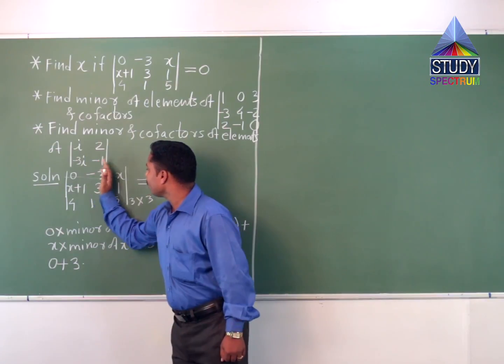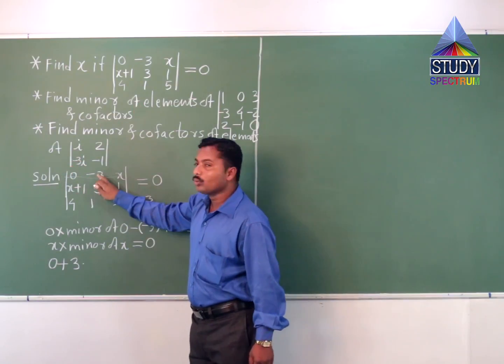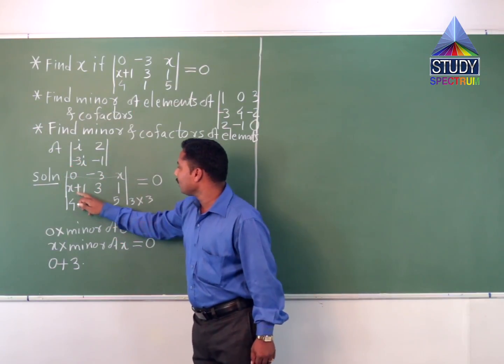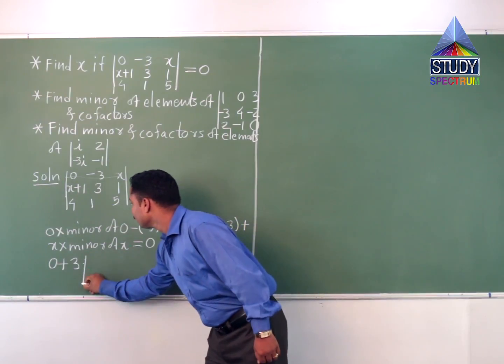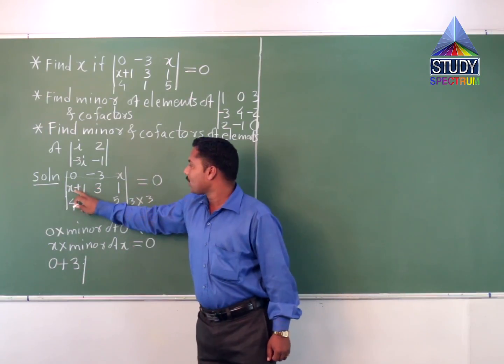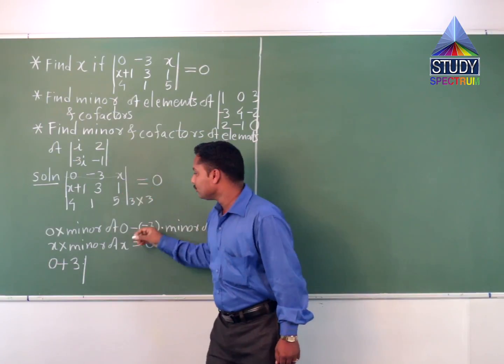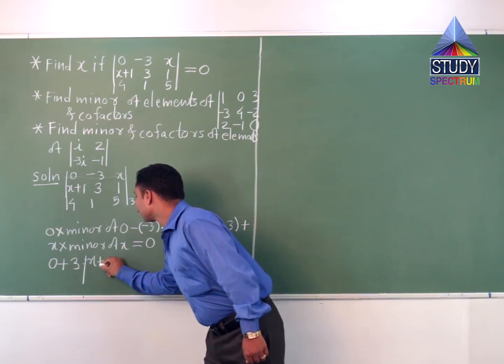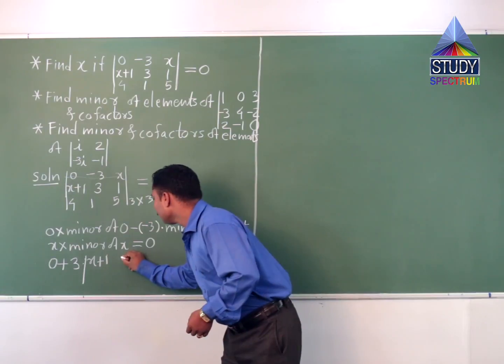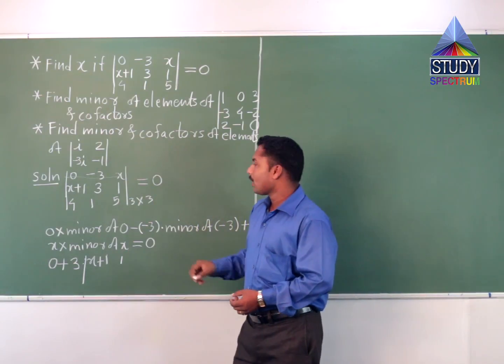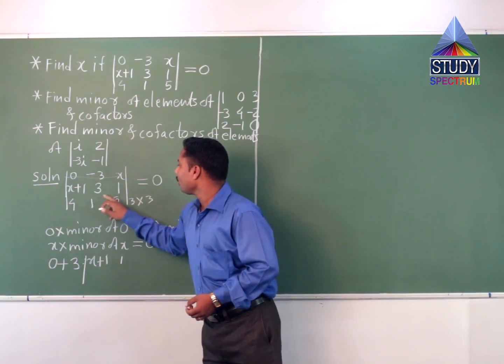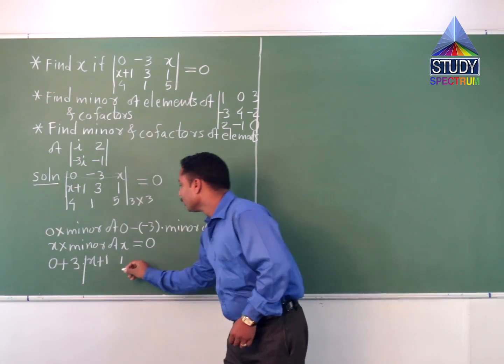So delete the column and row passing through this number. What remains? The determinant of x plus 1 and 1, x plus 1 and 1, and the determinant of 4 and 5.